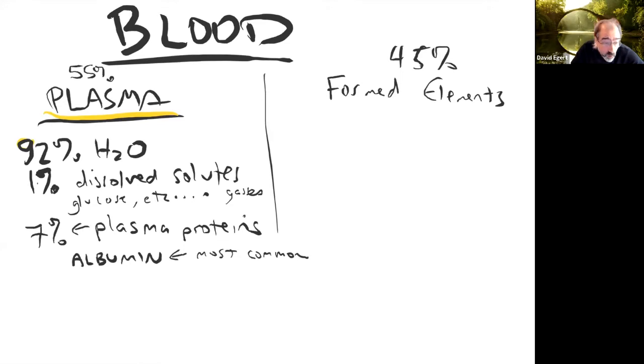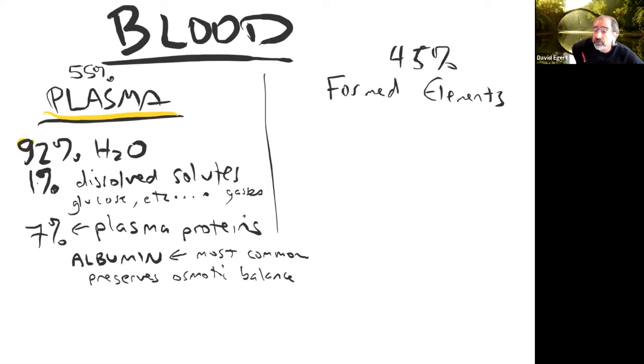One of the big things that this does is it helps preserve osmotic balance, right? We need to make sure that the plasma is 0.3 osmolar, or else we know what happens to blood cells.